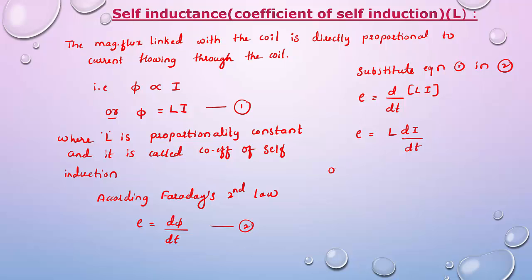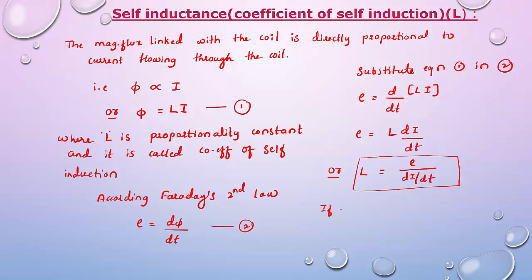But we want the expression for L, so this equation becomes L equal to E divided by di divided by dt. Is it clear? This is the expression for self-inductance.